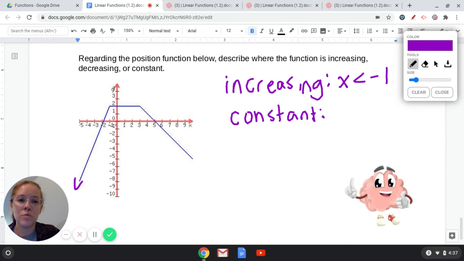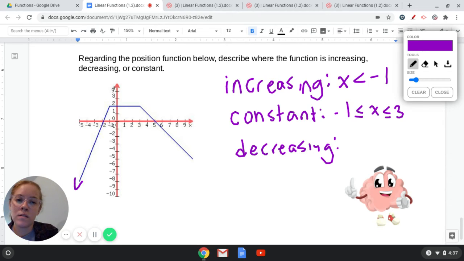This is when x is between -1 and 3. And then this function is decreasing right here because we have a negative slope. We're going down from x is greater than 3.